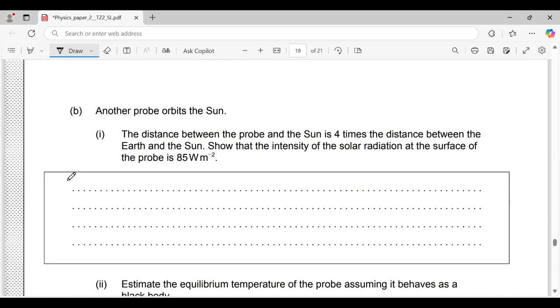I'm going to use this formula: intensity of probe over intensity of Earth.